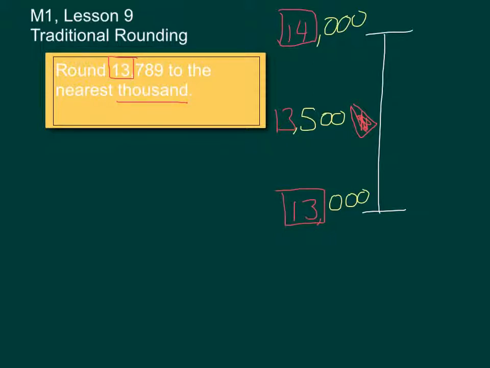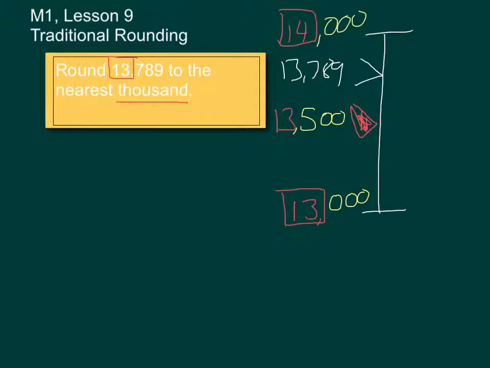And the very last thing we would do is we would decide, where does this number, 13,789, go? It's more than 13,000. It's more than 13,500, but it's less than 14,000. So we would put it right about in here, 13,789. And the very last thing we did is we decided which thousand is it closer to.